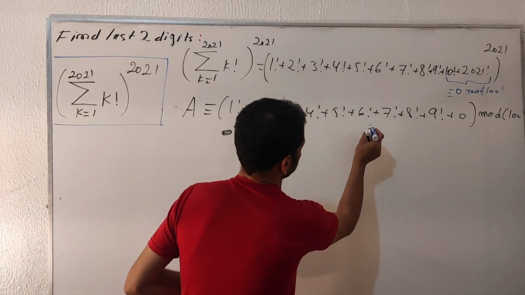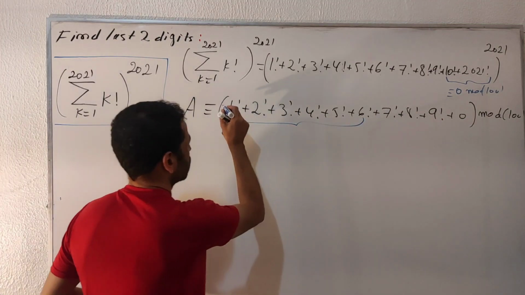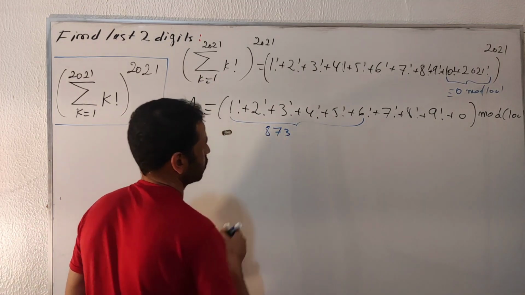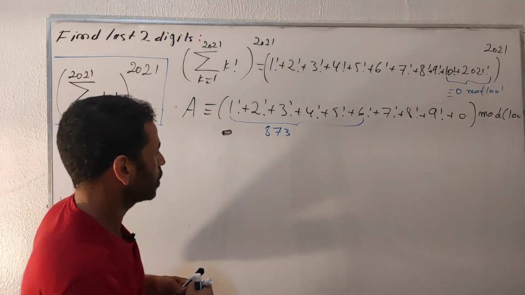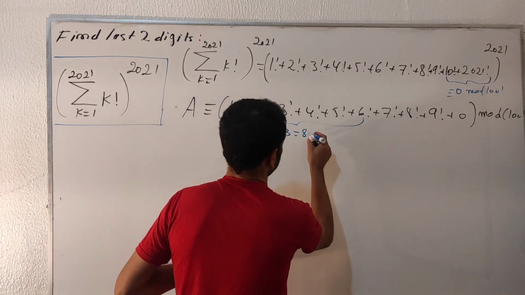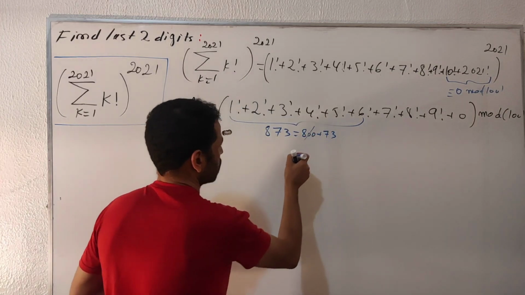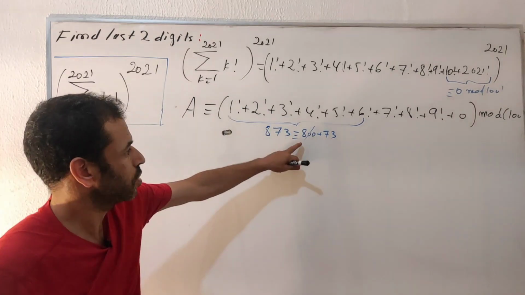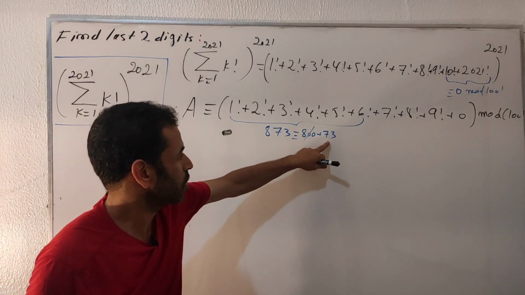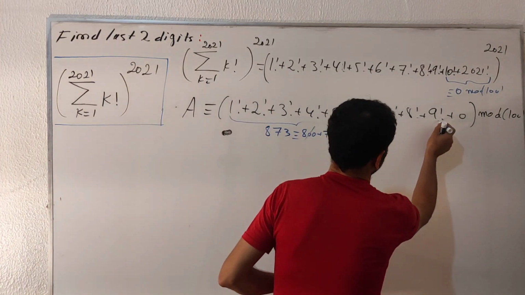If you calculate from 1 factorial to 6 factorial, you get the value of 873. 873 is the same as 800 plus 73. 800 divided by 100 gives 0, so I get the remainder 73, plus the rest of these three numbers.